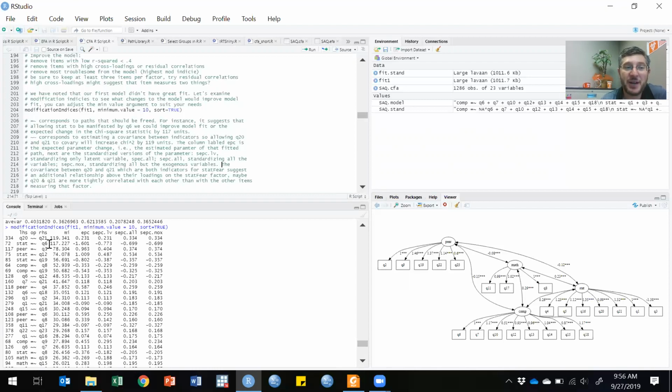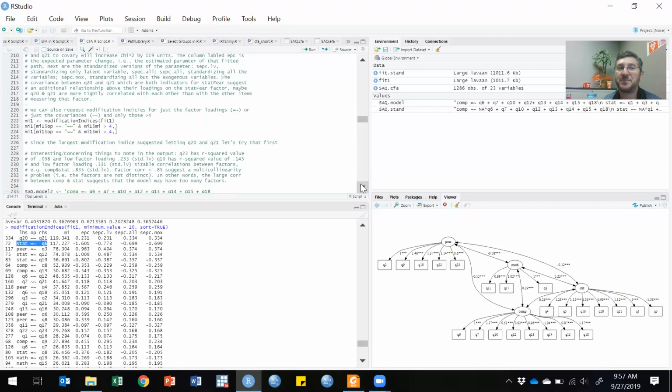If we were going to add question 6 as a manifestation of stat fear, we would want to have some theoretical justification for it. The first thing that comes to my mind is, well, why didn't we have that originally? So I would really be hesitant about making this modification. Generally, what I do is make one modification at a time, see how that improves the model fit and the different relationships, and then work from there instead of making multiple modifications at a time.